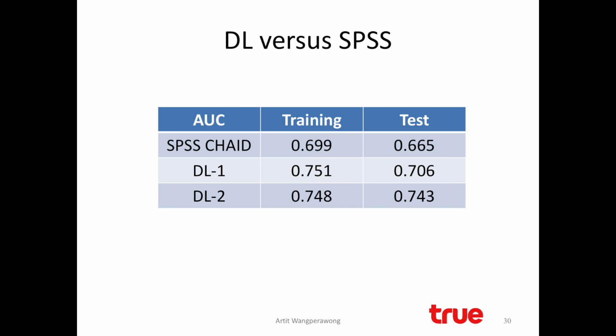Training is higher, which indicates that there's overfitting. Basically, we're overfitting the training data, and then once we apply new unseen test data to it, it can't predict as well. So that's where DL-2 comes in, and there's less discrepancy between the training and the test. Even though the training AUC is lower than DL-1, the test AUC is significantly higher.